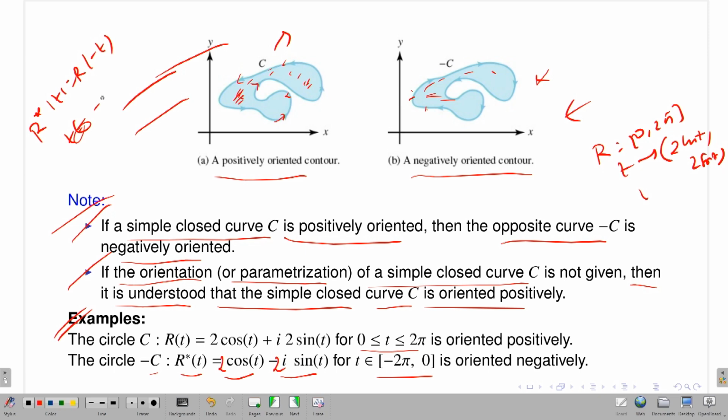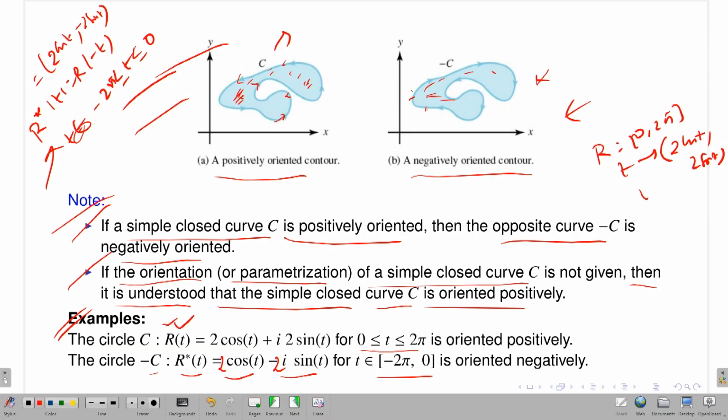So, because r of t is given as 2 cosine t, 2 sin t, r of minus t is 2 cosine t, minus 2 sin t. This is the corresponding parameterization of my circle.